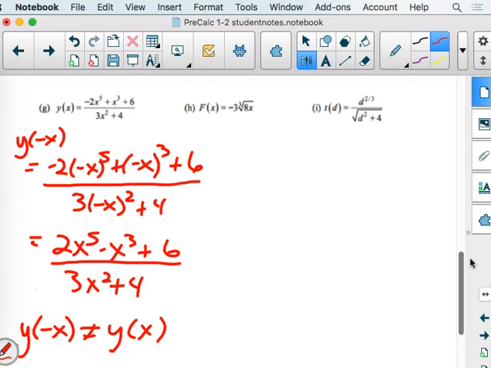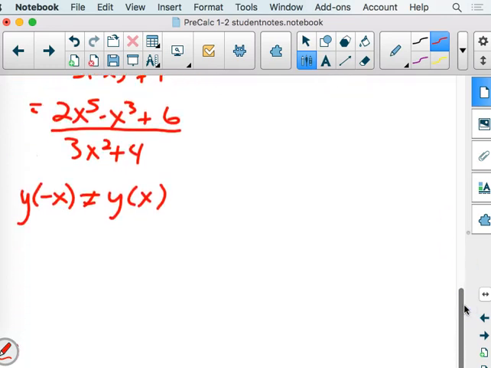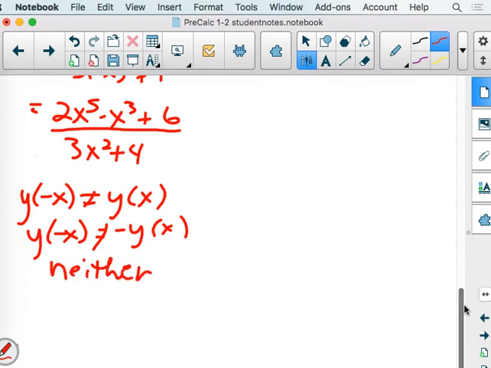So it's because of that constant behind that odd function that's not flipped. So that's how we say this in notation. Y of negative x didn't come out to be the negative of the original function. So that gives us a neither.